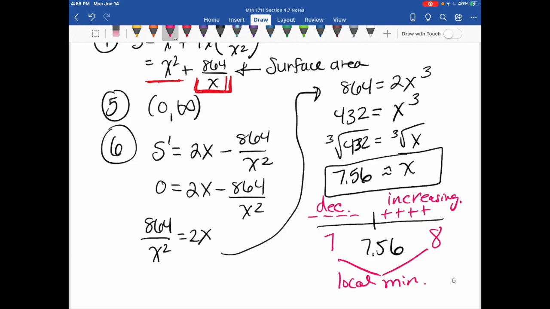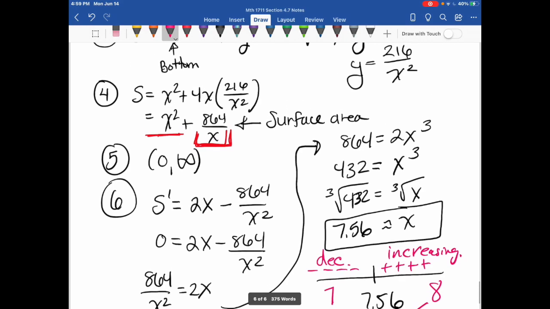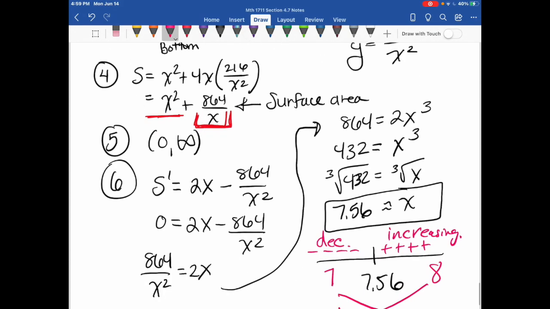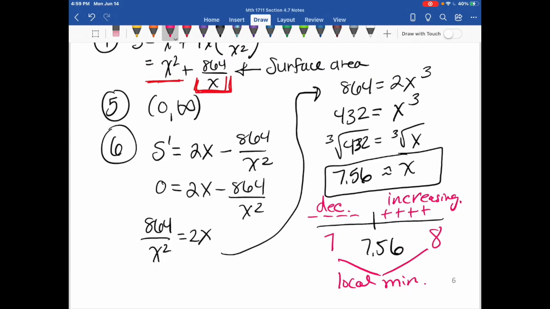So we can say that the square bottom of the box is going to have the dimensions of 7.56 inches by 7.56 inches. And then we can see what the y value is by plugging it into our formula up here, that the volume has got to be 216. So if I take 216 and divide by 7.56 squared, I'm going to get that y is, if we round to 2 places, 3.78.